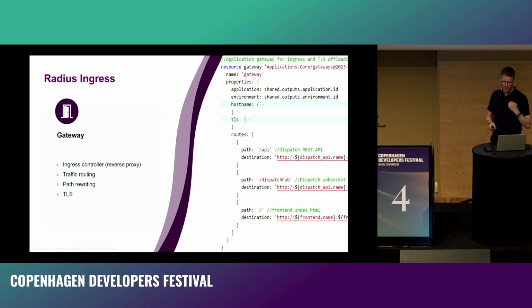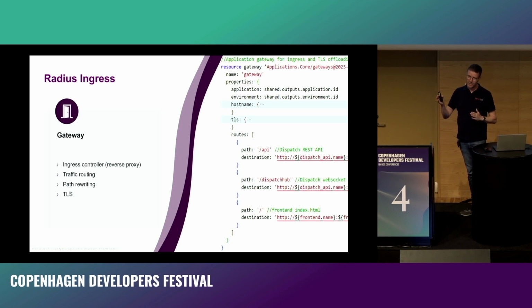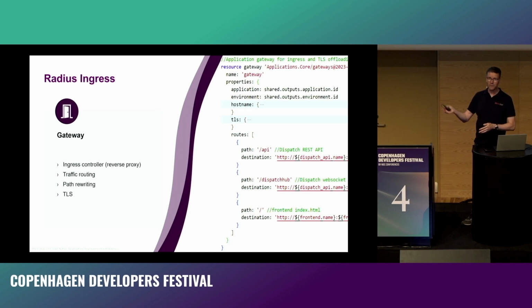And well, in the example you see on the right, that is the final example coming up later. You can see that every path that has /API in it will be sent to my API project. And you can do that by specifying the application name in there. So the dispatch API name here indicates an application container that I'm running in my system. And everything else will be sent to the front end, which is really nice.